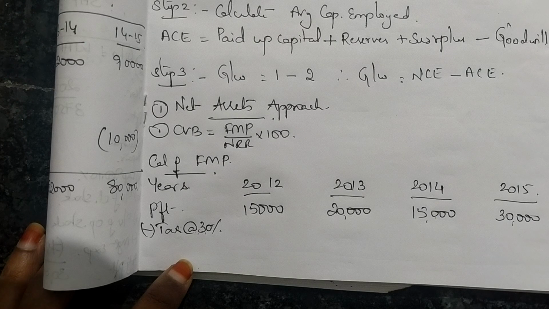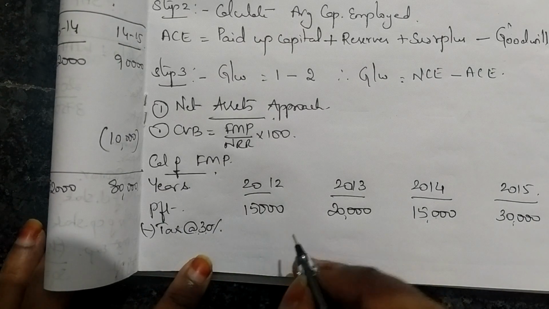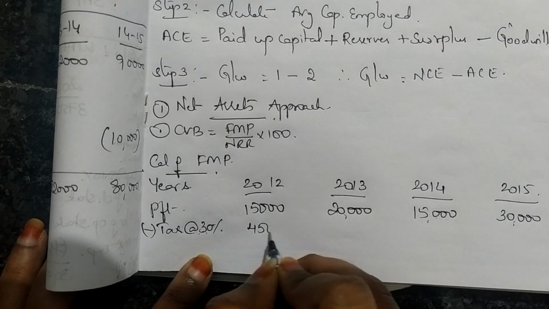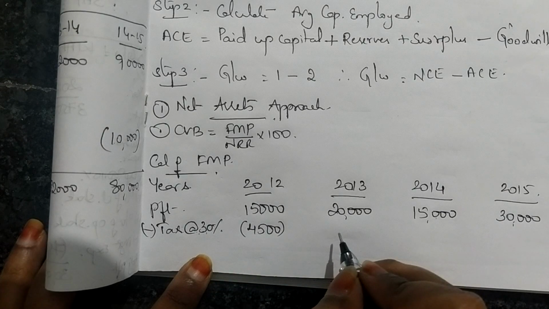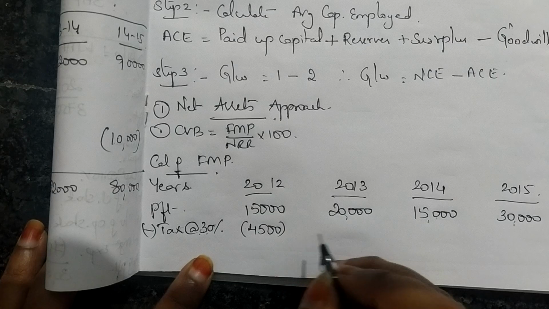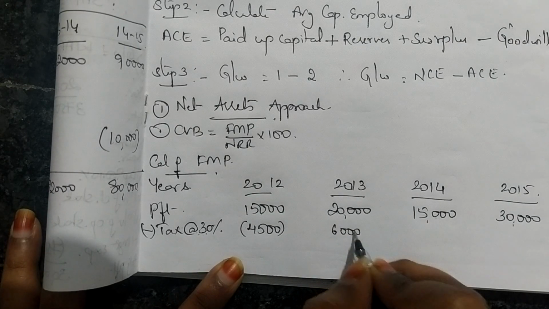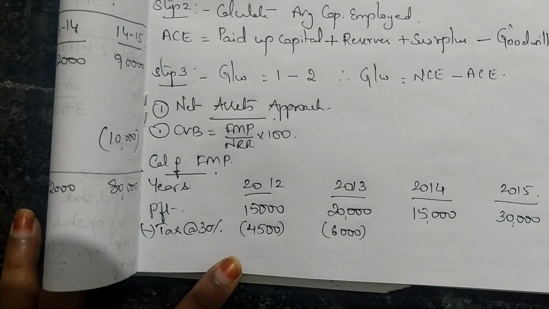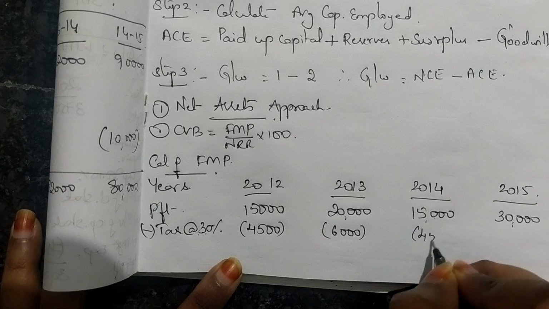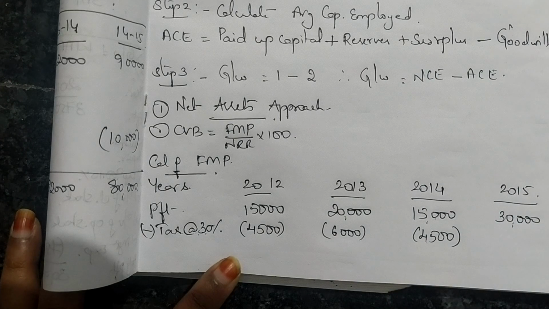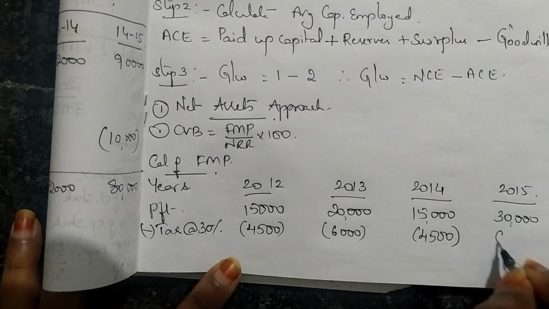15,000 at 30% is 4,500. Okay, then 20,000 at 30% is 6,000. This is again 4,500, and this is 9,000.